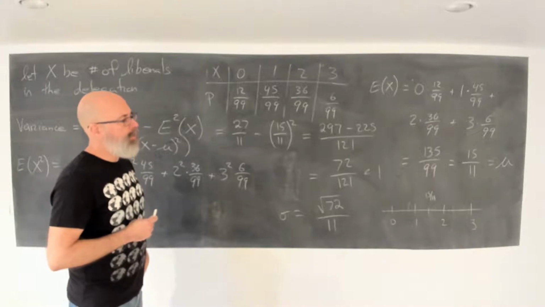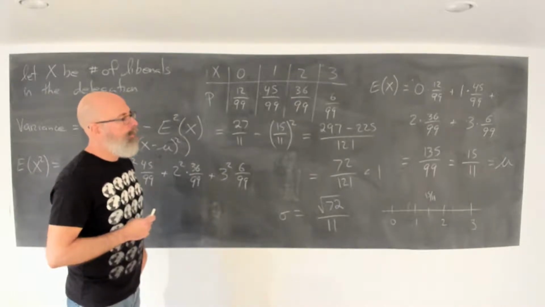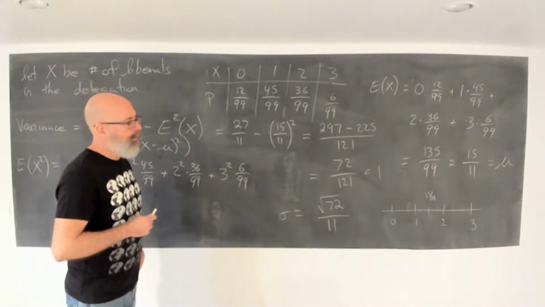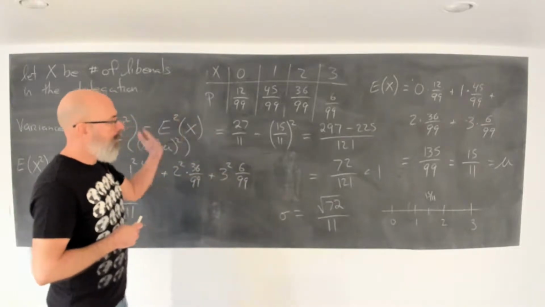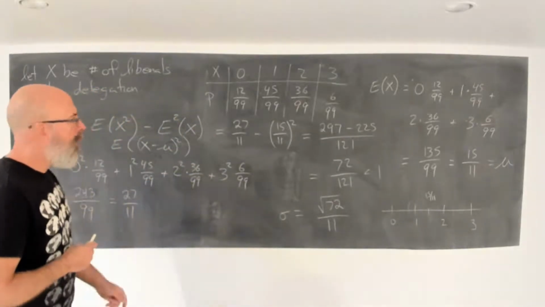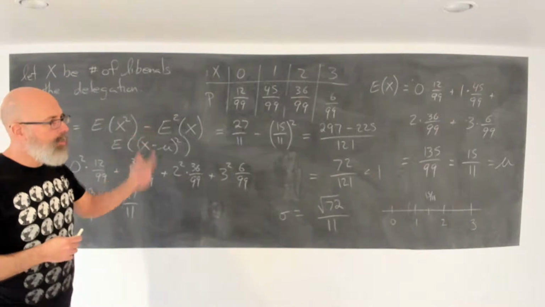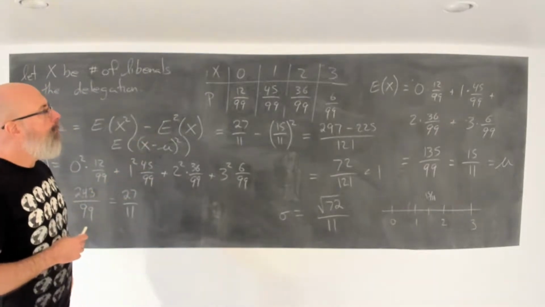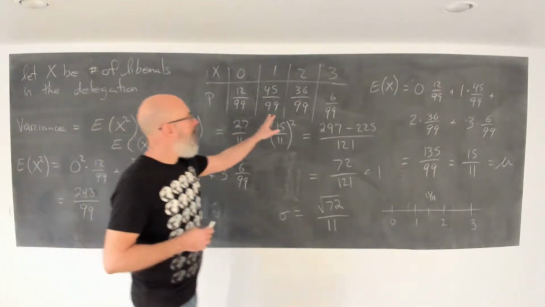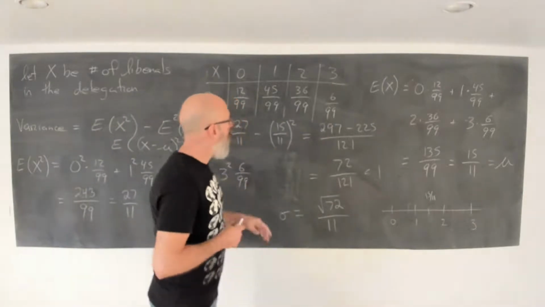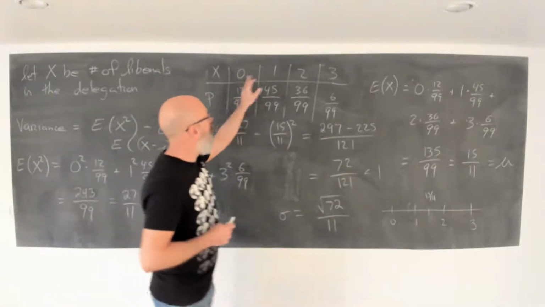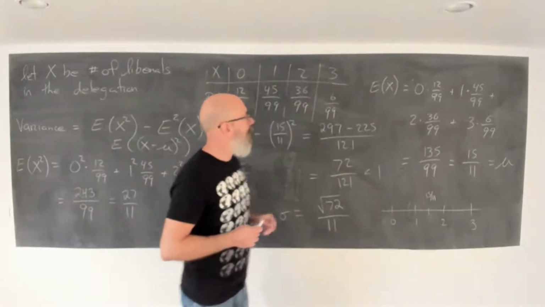There's some nice theory behind that, and this idea of mean and variance extends. Here we're doing discrete random variables, right? It can only take on a finite set of values.